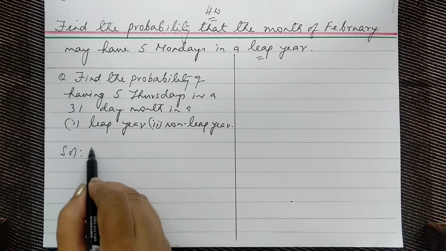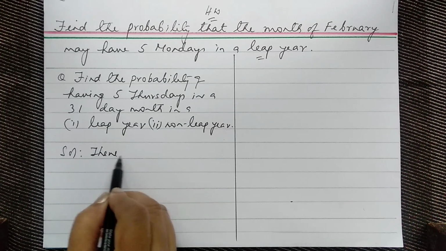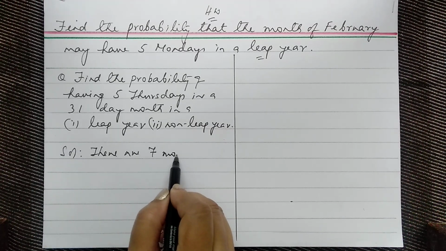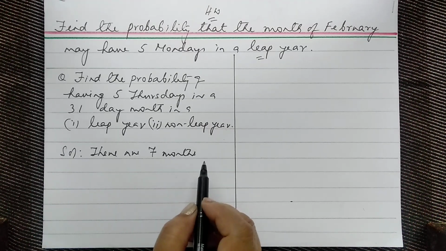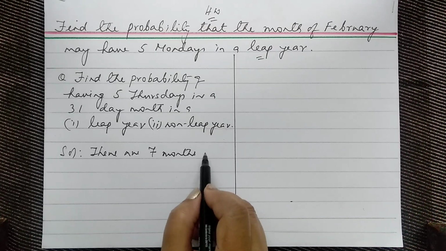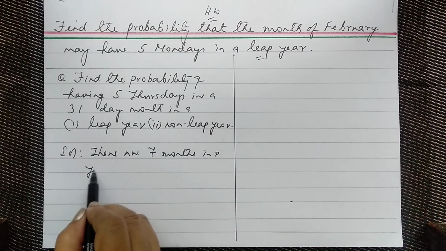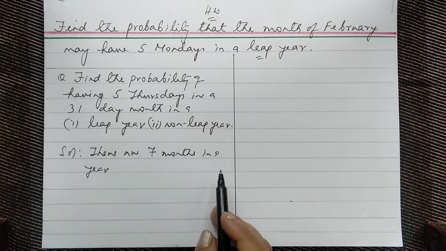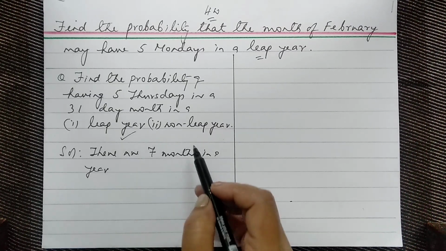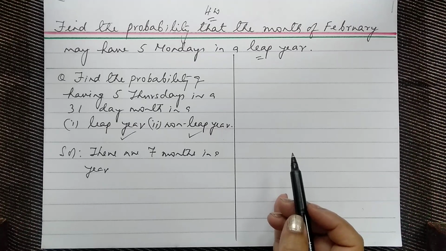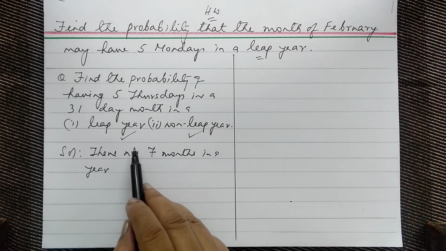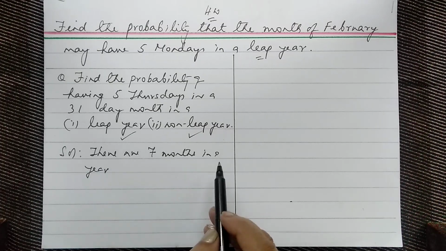Okay, so let me write, there are 7 months in a year, regardless of being a leap year or a non-leap year, because if it is a leap year, only February gets an extra day. The rest are status quo.